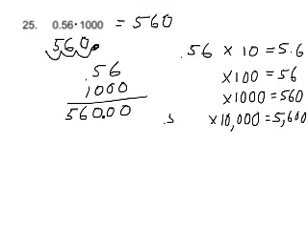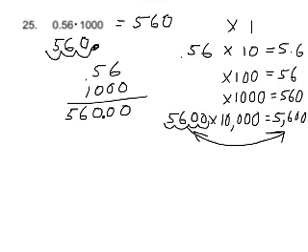Notice this 0.56, moving it 4 places, 1, 2, 3, 4, put the 2 zeros in there, and you notice same thing. So when you're multiplying by powers of 10, you move. Notice that if you multiply it by 1, for instance, which is the multiplicative identity, it's going to stay the same, right? There's no zeros there, so it stays 0.56.